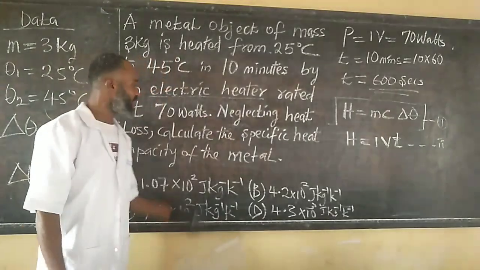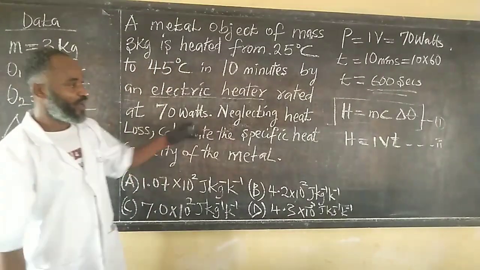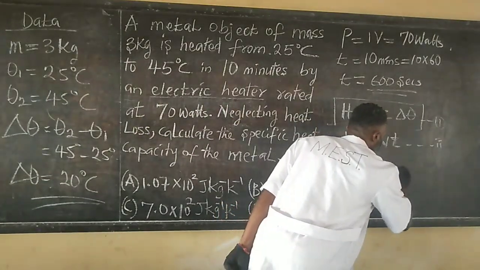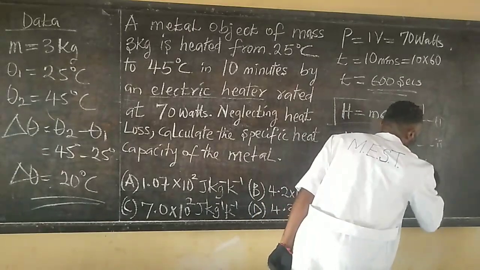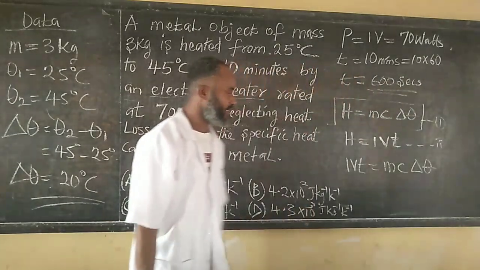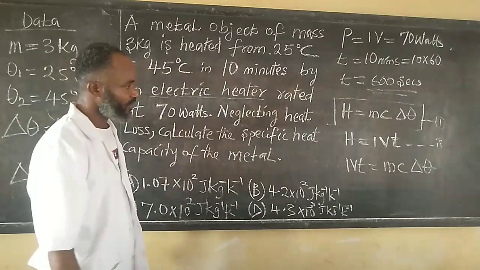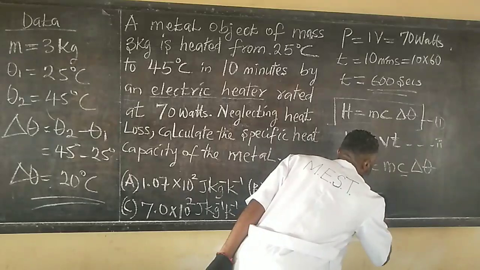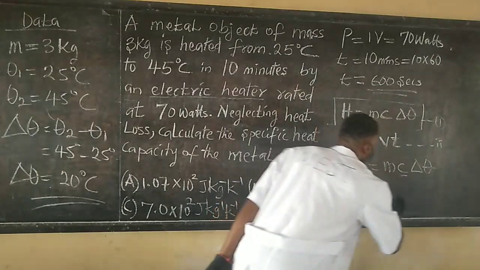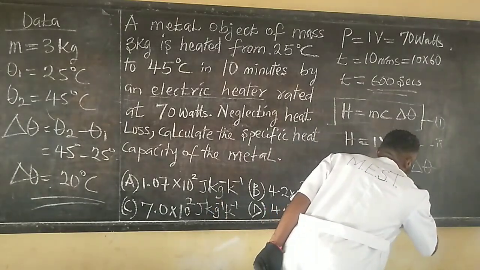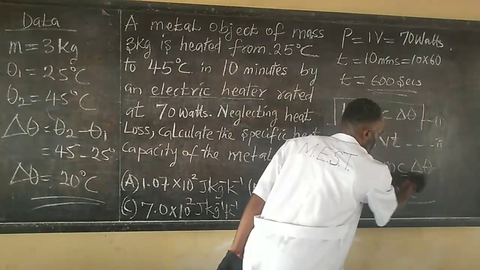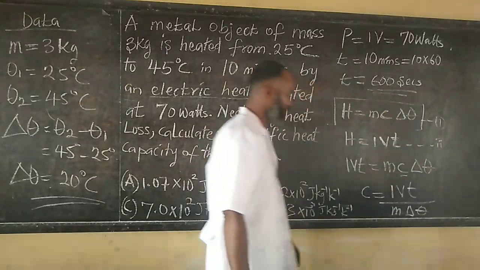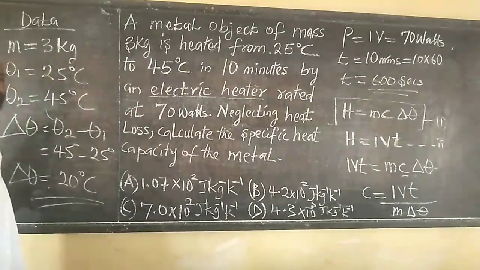So where we have H, we have IVT is equal to MC delta theta. We make the specific heat capacity the subject, and it becomes C is equal to IVT over M delta theta. Good. That's it.